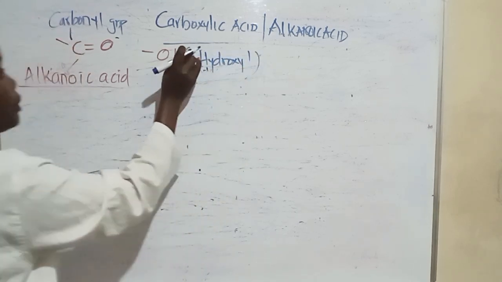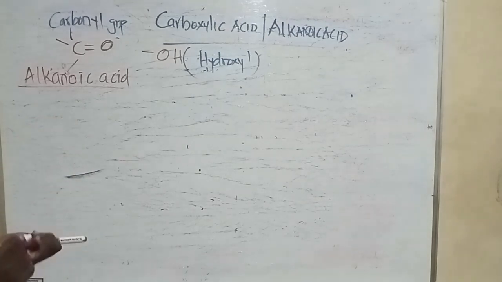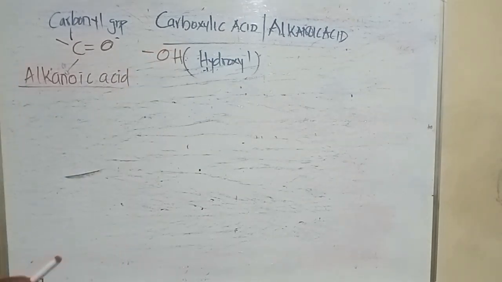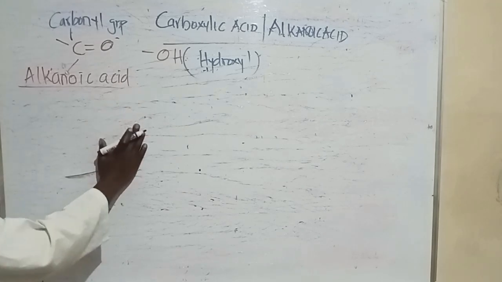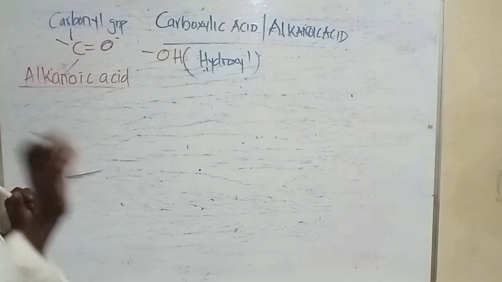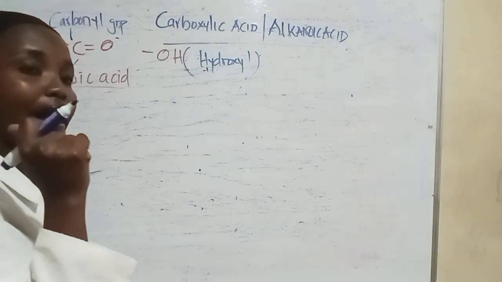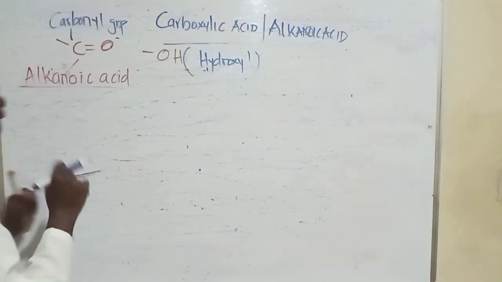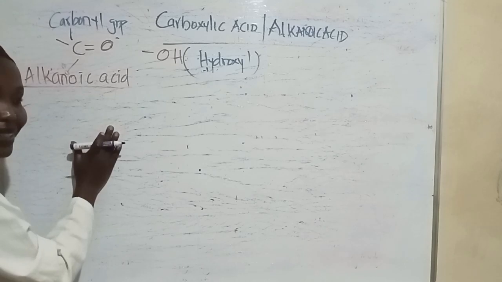So we are saying what are some of the members of our carboxylic acid or alkanoic acid. We are still going to talk about the members in the homologous series in alkanes. Okay, so we are going to start with methanoic acid.